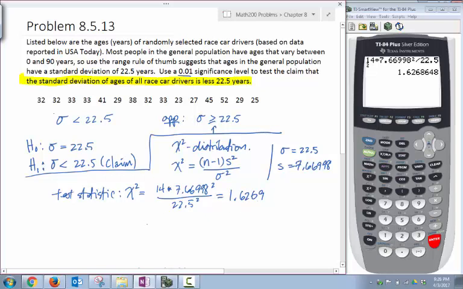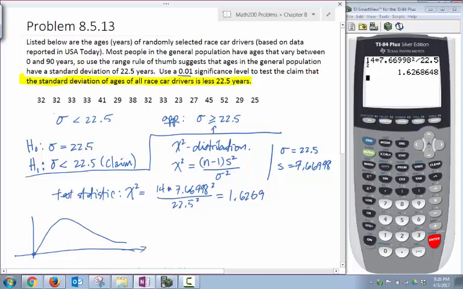All right, I am using the traditional method here, or the critical value method, which means I need a critical value. I need to take a look at this and realize that this is a chi-square test. So my chi-squared distribution is skewed to the right, and it starts at 0.